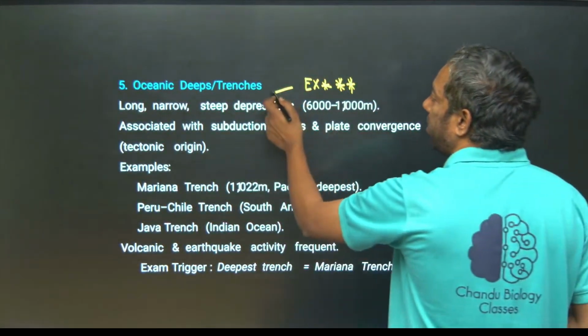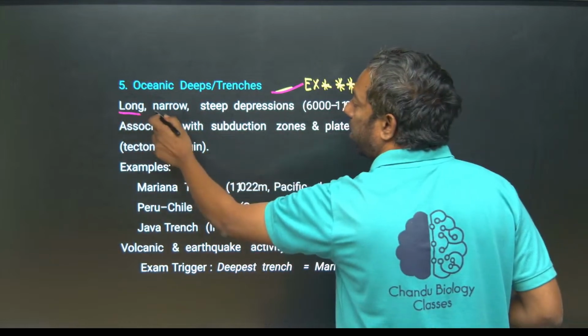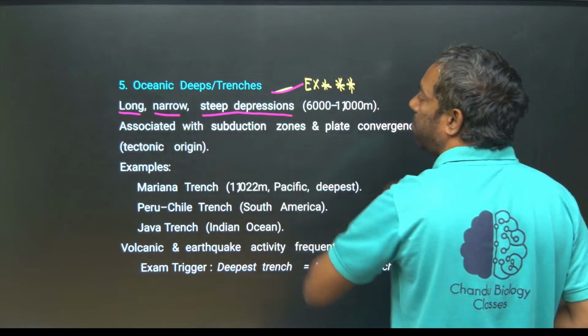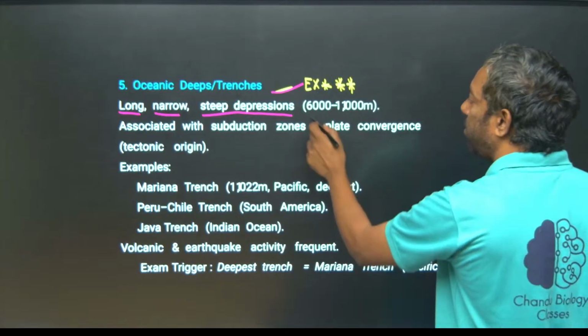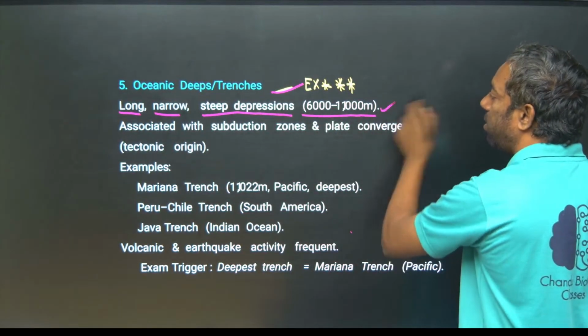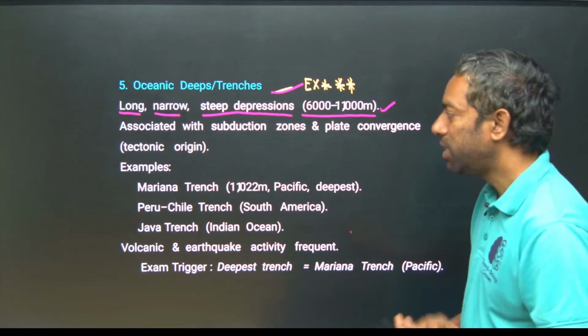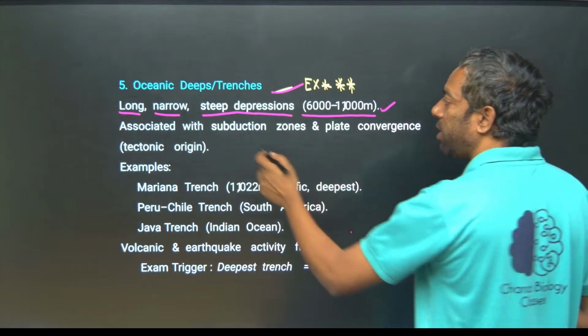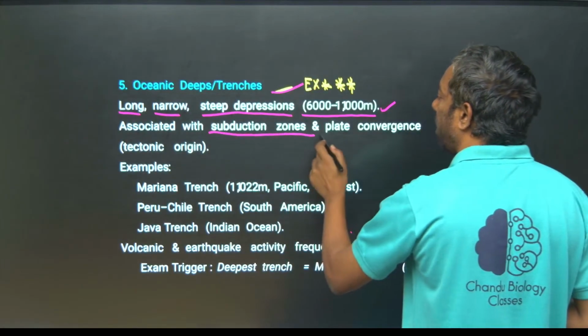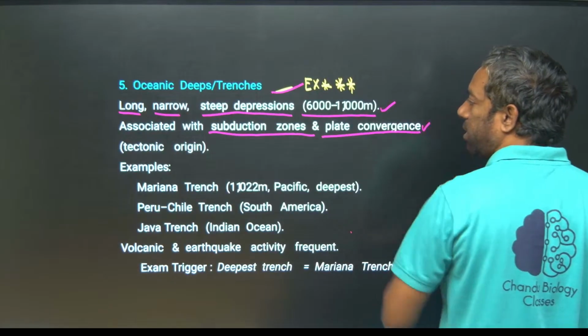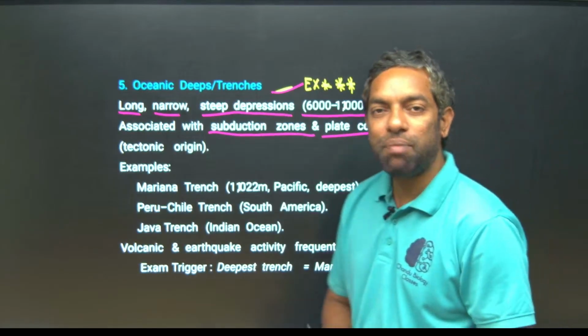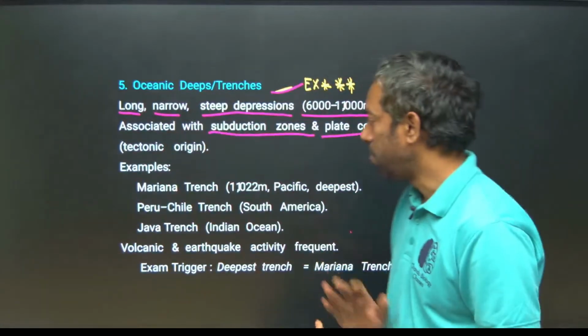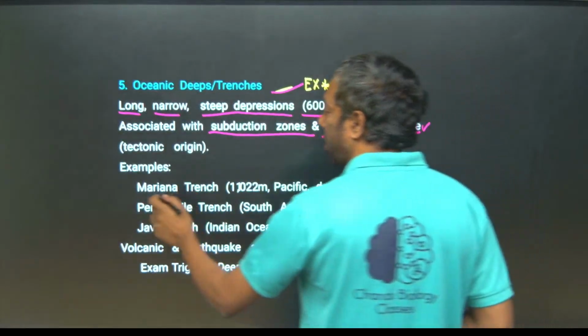Oceanic deep trenches are long, narrow, steep depressions, 6,000 to 11,000 meters deep, mainly in the Pacific Ocean, associated with subduction zones and plate convergence. They originate from plate tectonic activity. Of course, this is important.